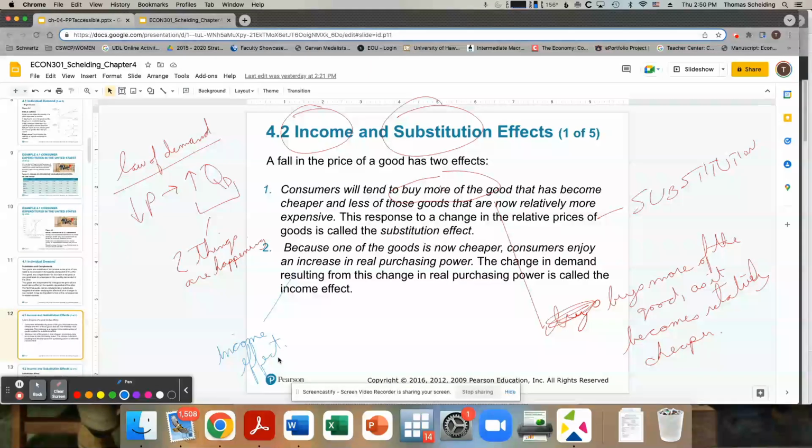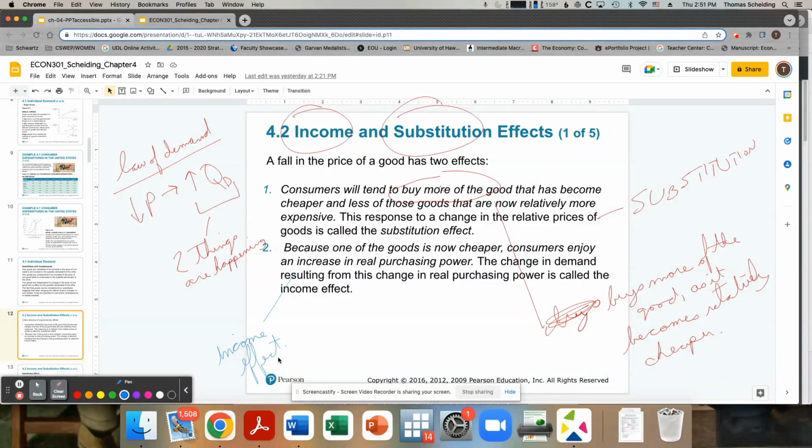Not that you're actually richer, but you feel richer. And so you buy more of the product if it's a normal good. If, however, feeling richer leads you to buy less of the good, it's an inferior good, and it'll work in the opposite direction. However, the substitution effect is still stronger than the income effect. The consequence is that for both a normal good as well as an inferior good, the demand curve is downward sloping.